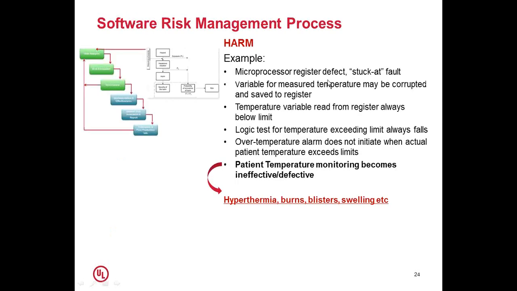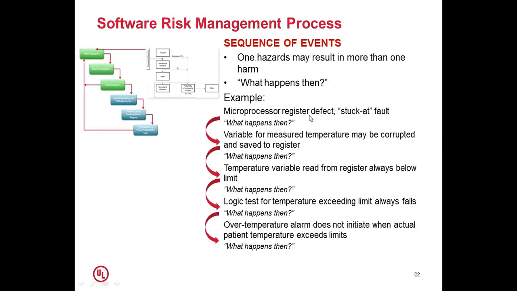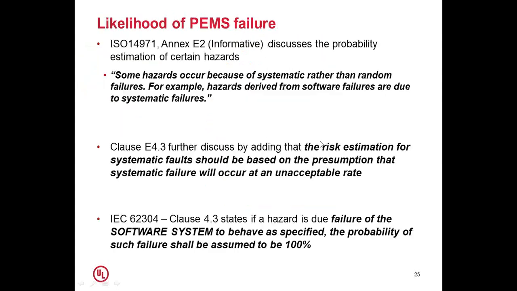So you can see very clearly the microprocessor or register defect, followed by a sequence of events which is systematic and not random, resulting in a failure. The risk estimation for a systematic fault should be based on the presumption that the systematic failure will occur at an unacceptable rate. So in software, we need to consider the risk estimation and the probability as very high.